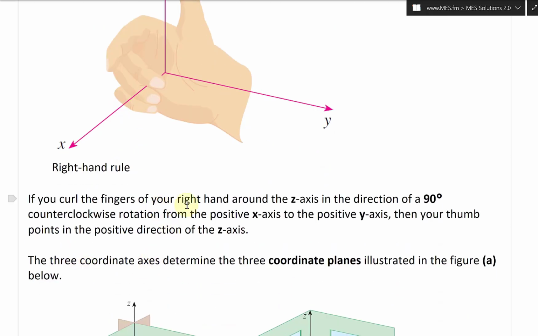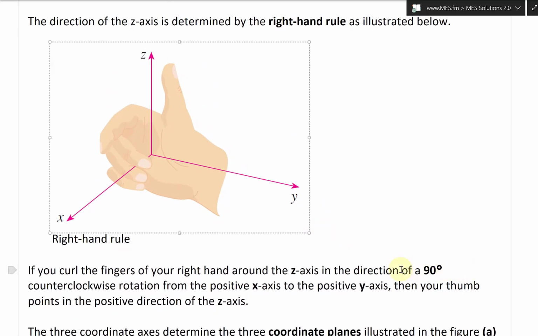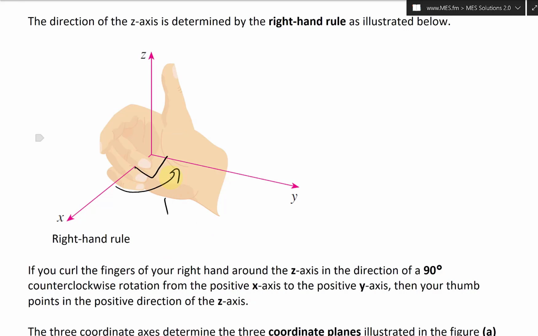If you curl the fingers of your right hand around the z-axis in the direction of a 90 degree counterclockwise rotation from the positive x-axis to the positive y-axis, then your thumb points in the positive direction of the z-axis. So these are all the positive axes.